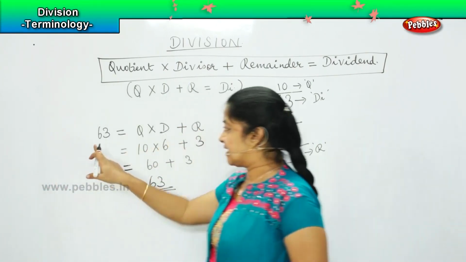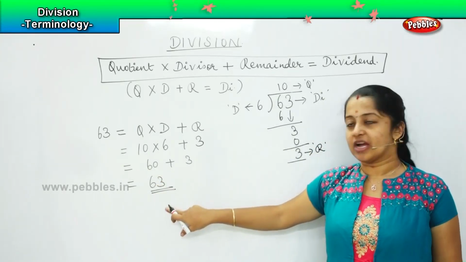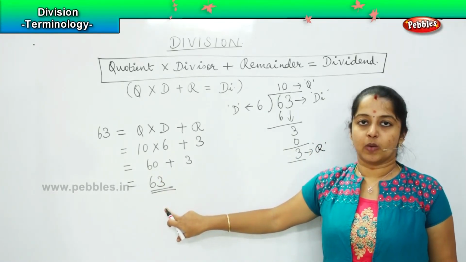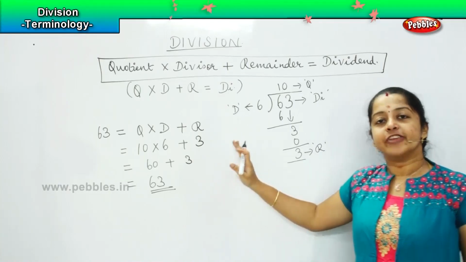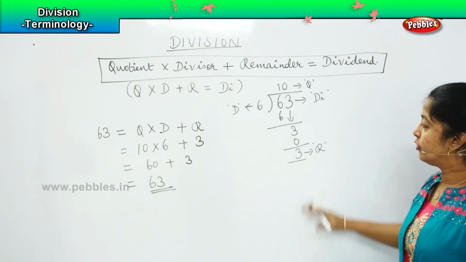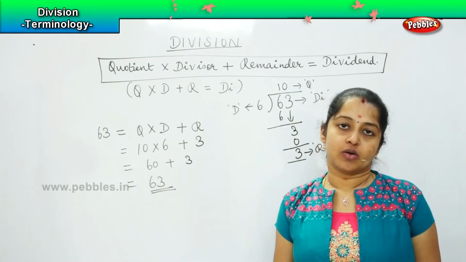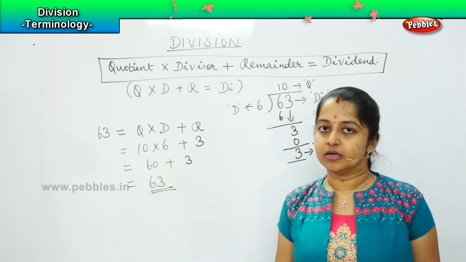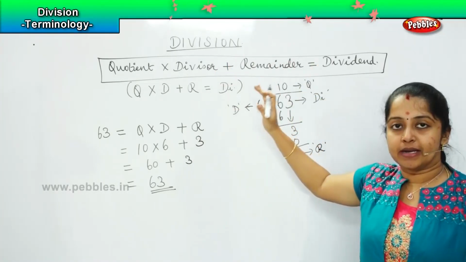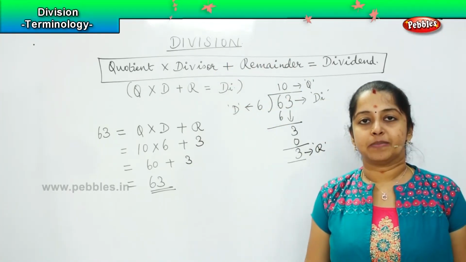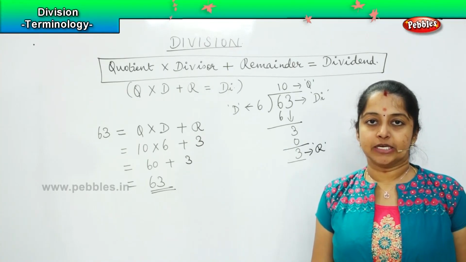So which means my answer which I got after verification is right. Okay. So this is the method which you will be following in order to find out whether the quotient obtained is right or wrong. Is it clear, children? So please keep this formula in mind, because this formula will help us to solve our questions in the future.